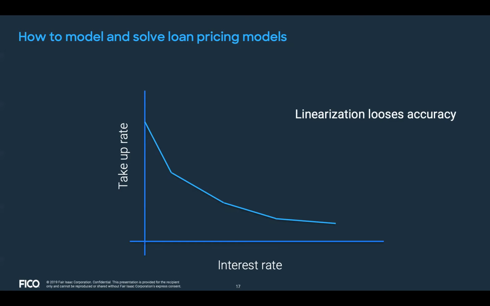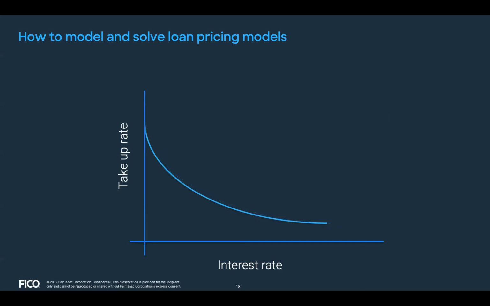You have the choice of linearizing this at the price of losing some accuracy. Alternatively, you could keep the nonlinear function and solve it with an interior point or a successive linear programming approach, as you can see both depicted here.